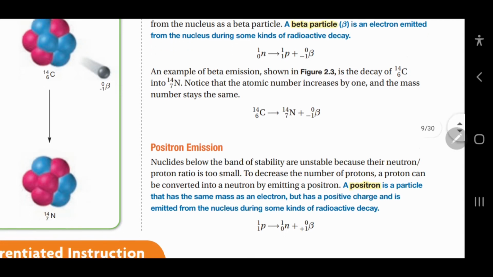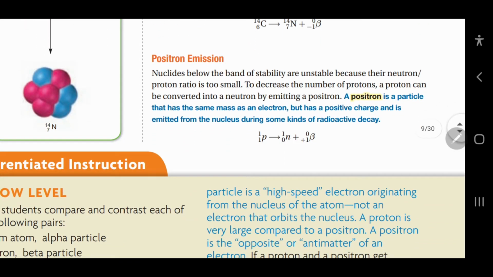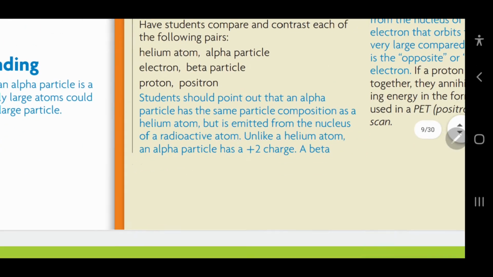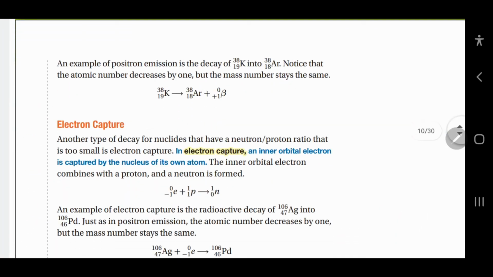And in positron emission, which is the positive charge, as we can see here, the atomic number will decrease because the proton will release the positron, which means that imagine the proton, which is positive, it will release the positive charge from it, and the proton will be changed to a neutron. This is why the atomic number decreases.